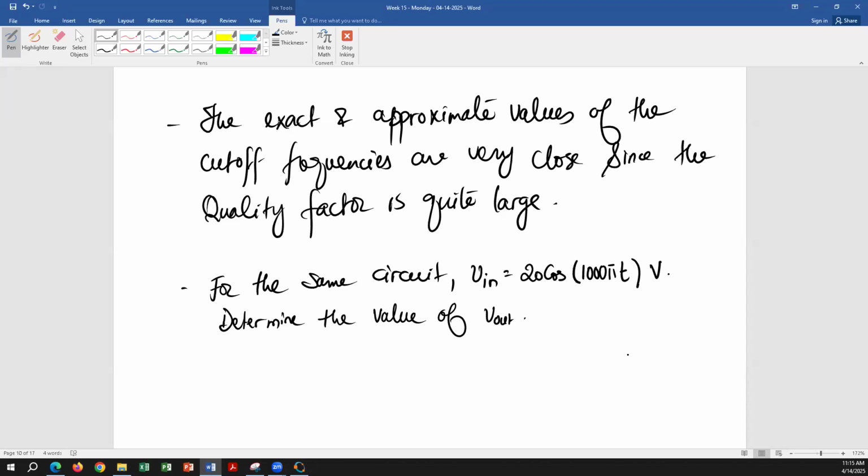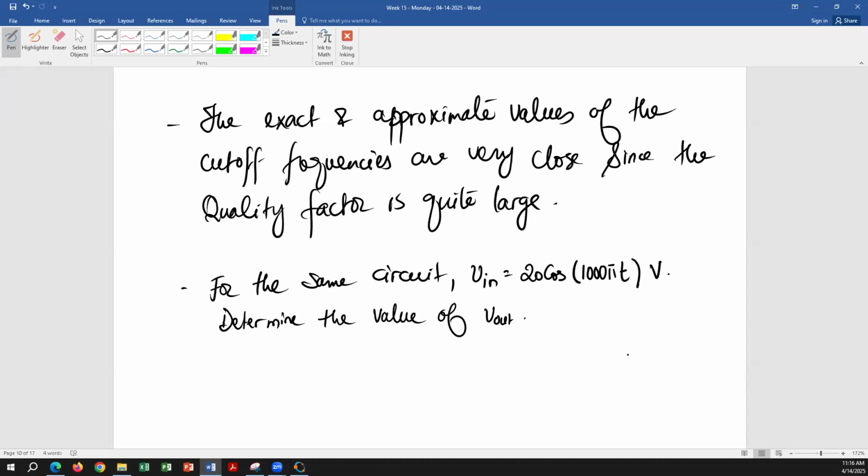So if you figure out the magnitude and the phase of the transfer function at the frequency at which the circuit is operating, which in this case is 1000 pi radian per second or 500 hertz. Make sure you take the correct frequency: omega is 1000 pi, f is 500 hertz. Whichever frequency you are using in the calculation, make sure it is the correct frequency.